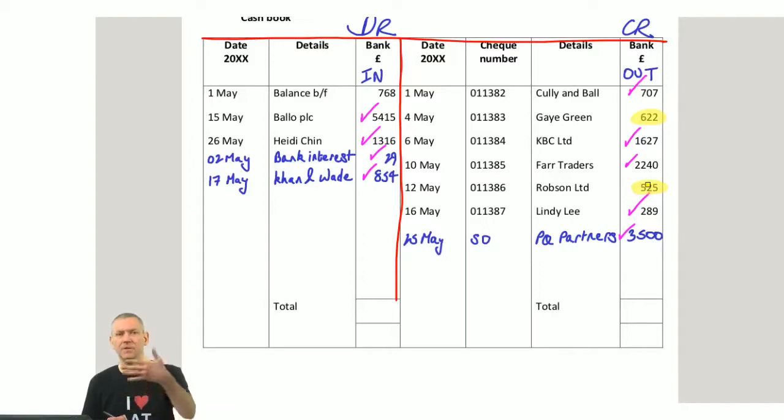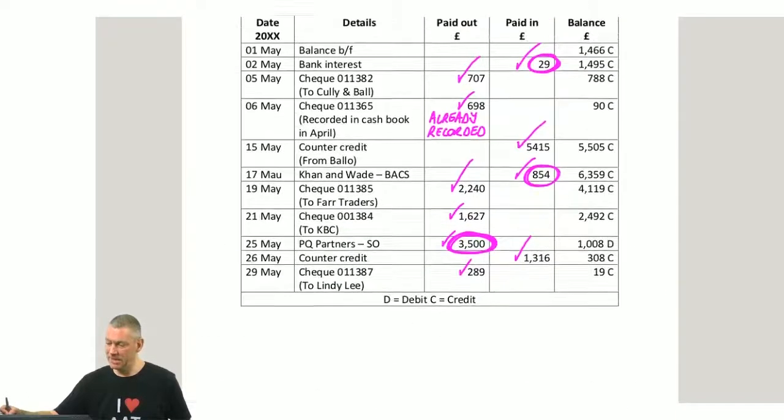We have sent them a check and we accommodate the payment when we send the check, but they actually get the cash when they present the check to their bank and their bank presents it to our bank. Because they haven't received the cash, our bank account hasn't paid the cash.